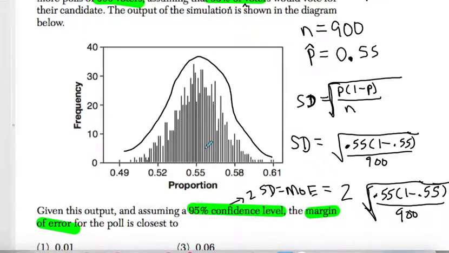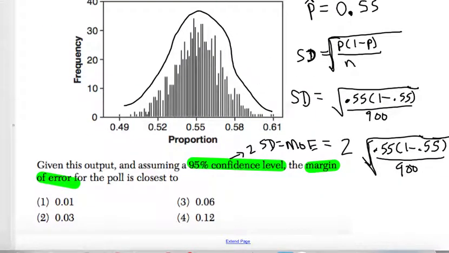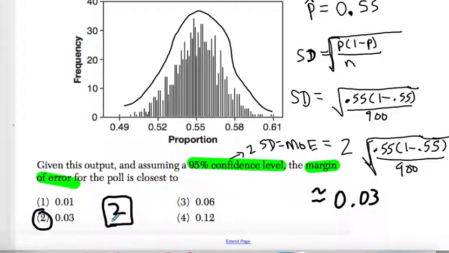Now they're rounding to 2 decimal places, so that's about 0.03. So 0.03 is the approximate margin of error. What that means is that we expect this is about 3%, and they're expecting 55%. So we're expecting 55 plus or minus 3%, which is 52 to 58%.